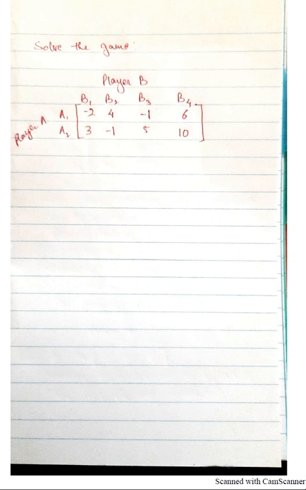So at the end, the 2 by 2 matrix you will solve by using the mixed strategy, the formula we have discussed earlier. So I hope you do it by yourself.